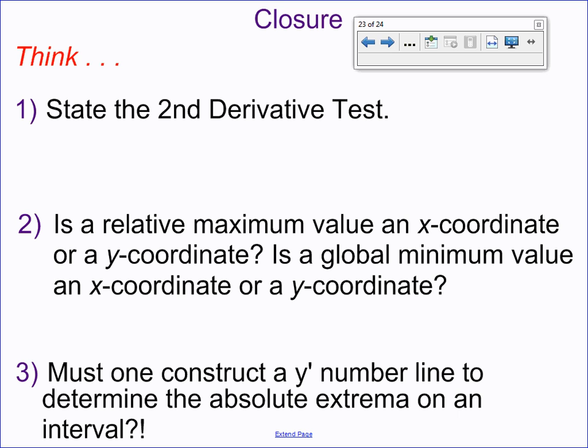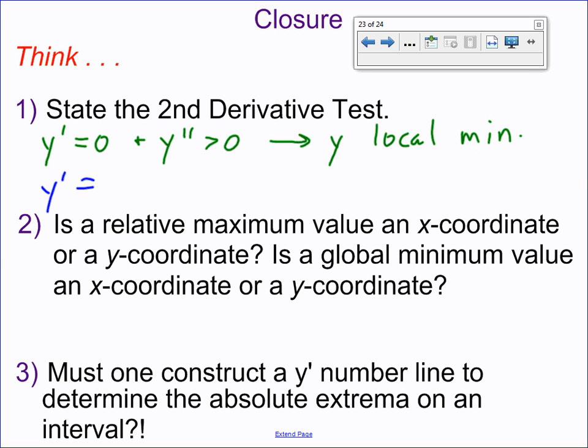Okay, ladies and gentlemen, let's go ahead and close it up in the interest of time. So let's state the second derivative test. Riley Freeman. If y prime is equal to 0, y double prime is greater than 0, then y has a local minimum. And if y prime is equal to 0 and y double prime is less than 0, then y has a local maximum. Awesome.